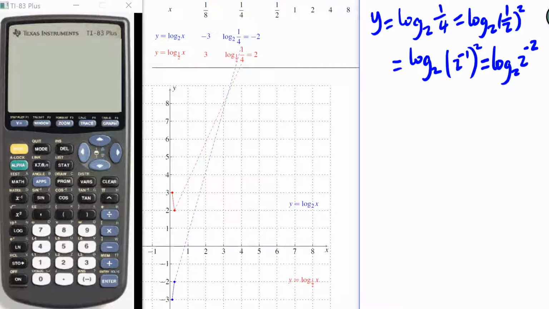Negative 1 times 2 is negative 2. We then can take this negative 2 down to the front. So you have log base 2 of 2, and this value, let me mark it, this value is 1. So then we get negative 2.